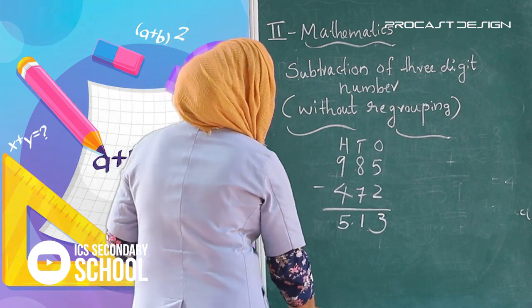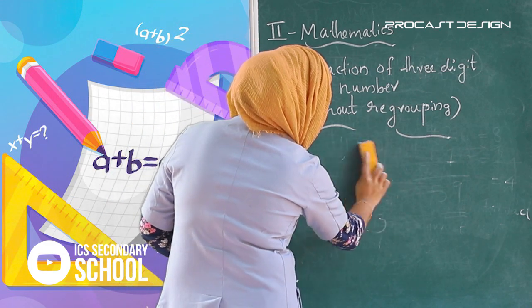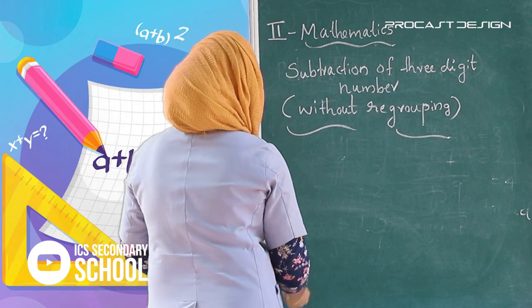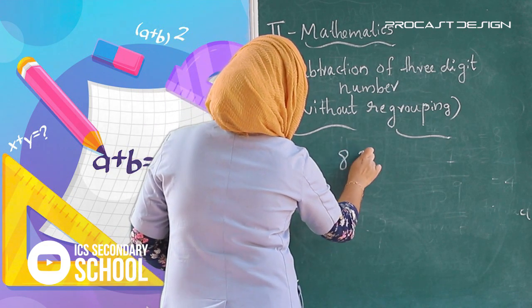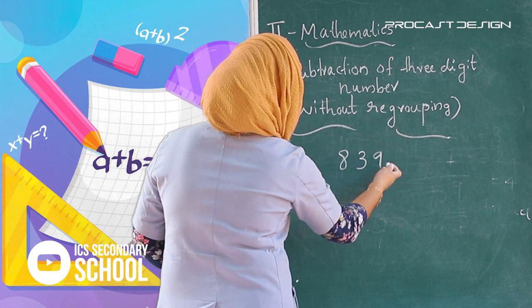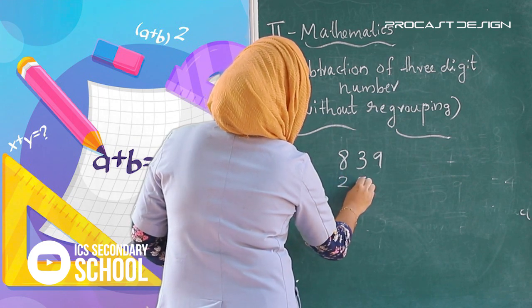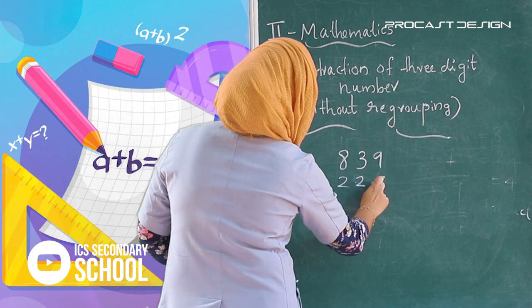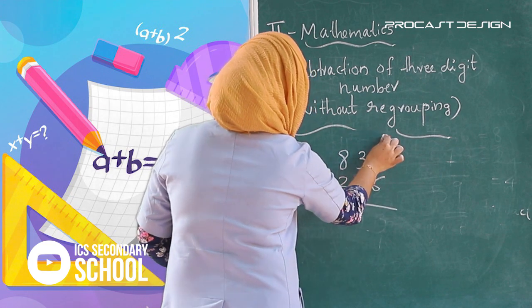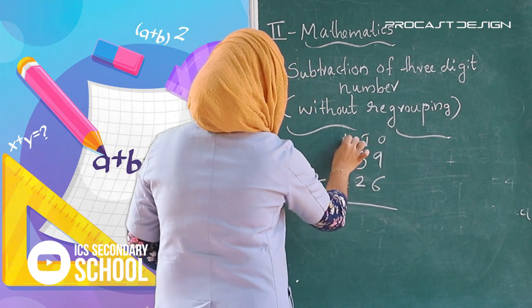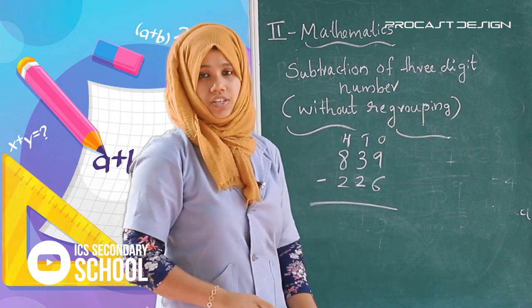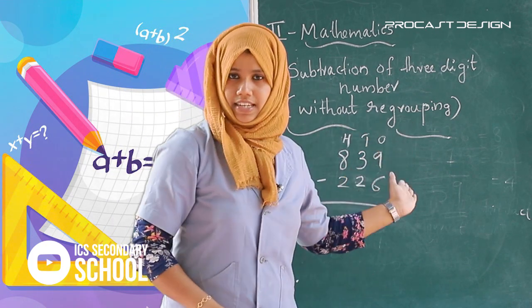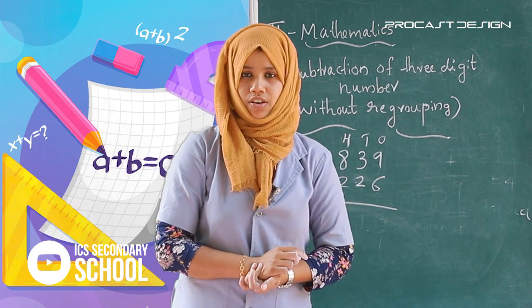We have another example. So, ones column, tens column, hundreds column. We always first solve the ones column, next the tens column, then the hundreds column. Okay.